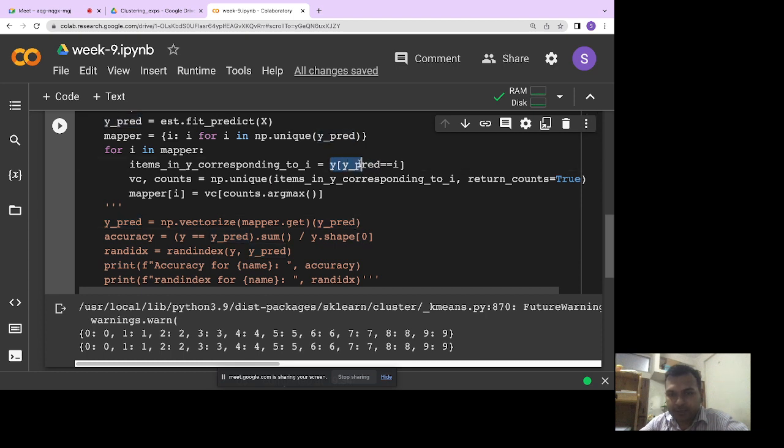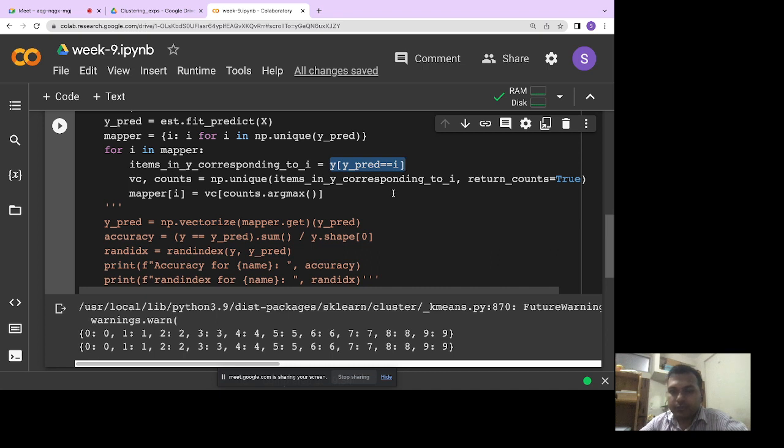This particular operation, ypred equal to i, what it will do is check all the indices in ypred where the particular value is equal to i. In this case, let's say i equal to 2, and it will pick up those particular y values.